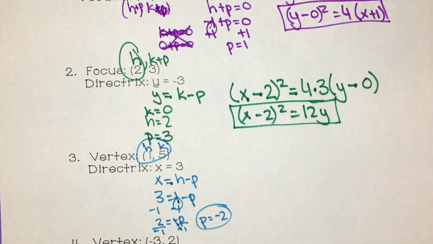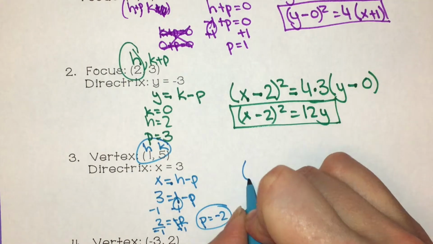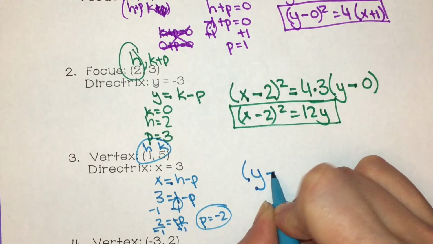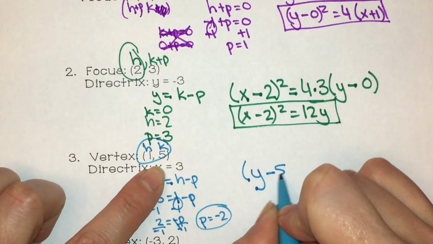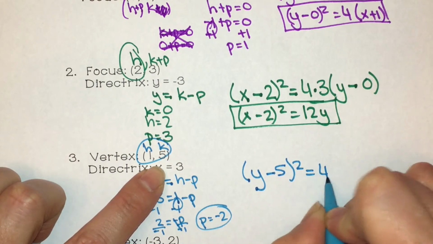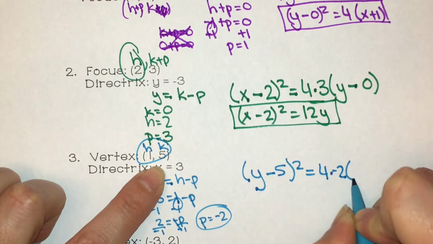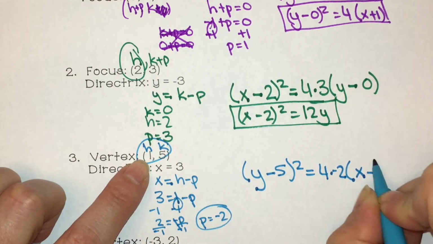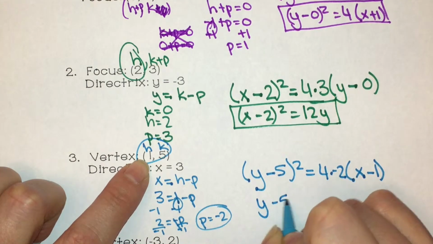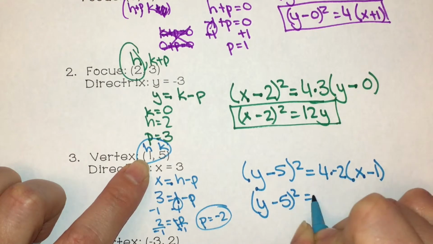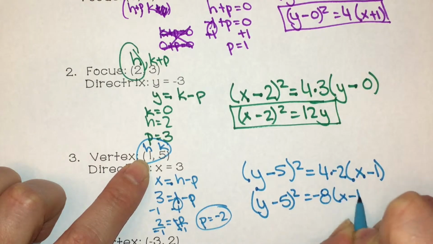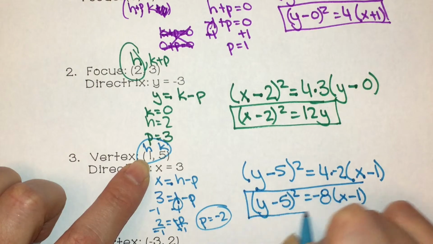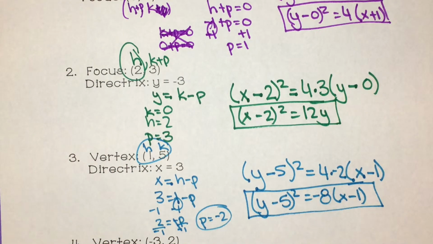Okay, so I had to use the form (y minus my k value of 5) squared equals 4 times the p value of negative 2 multiplied by (x minus 1). So we have (y minus 5) squared equals negative 8 times (x minus 1). Okay, so that one wasn't too tricky as long as you remembered it was this form.